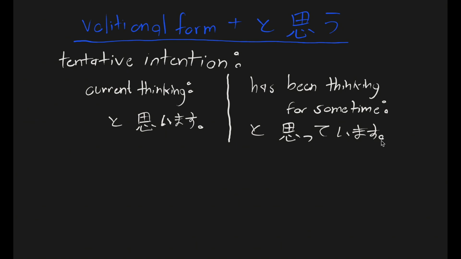So it's a difference in, it would change the intention level a little bit actually, because it's like a one-off thing with the current thinking, like a spur-of-the-moment thinking, like I'm thinking of going to SeaWorld versus I've been thinking of going to SeaWorld. So there's a lot more emphasis here with the sometime when using omotte imasu.